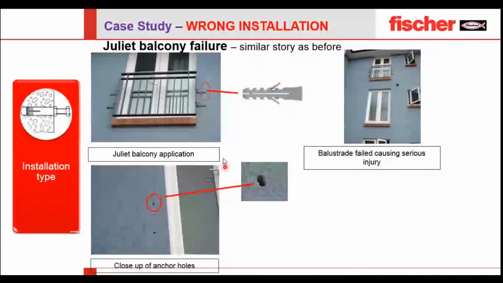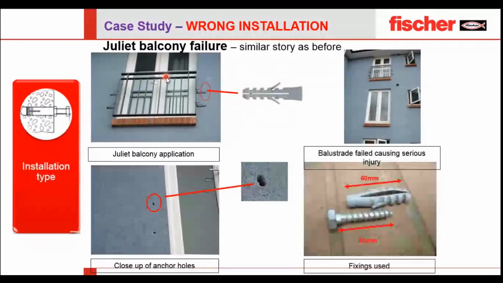How? When we zoom in, you can see that for a plug they made a hole which is not at all the plug size. It is double the size, or it is not properly drilled. When the installation went wrong, this balcony just collapsed. And here is the image of the installation.